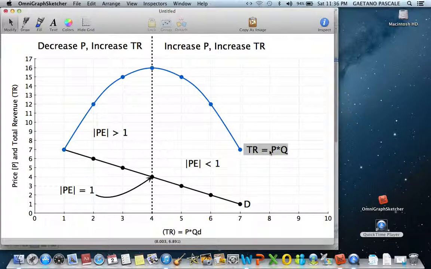That means that the decrease in price is being completely counteracted by the increase in the quantity. So this means the numerator of the price elasticity of demand equation is greater than the denominator. So the increase in the quantity sold outweighs the losses in revenue due to the decrease in the price. So make sure that you remember that.